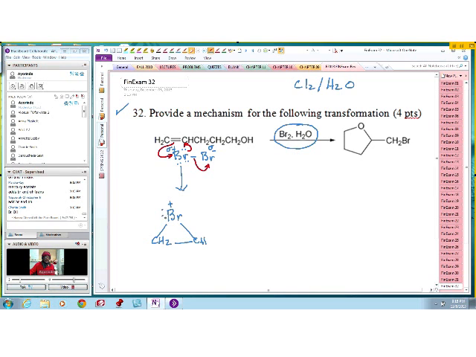So we form what we call a bromonium ion.